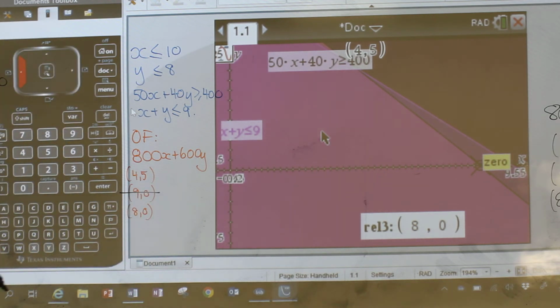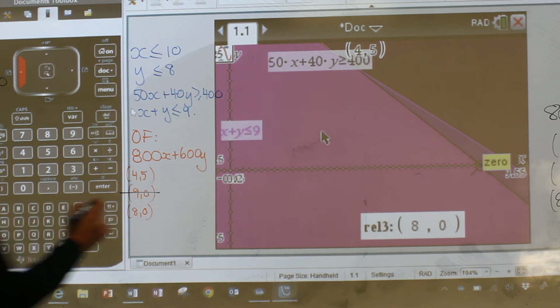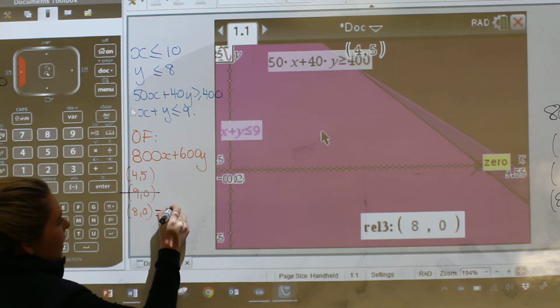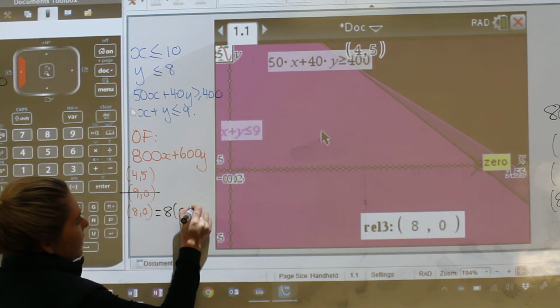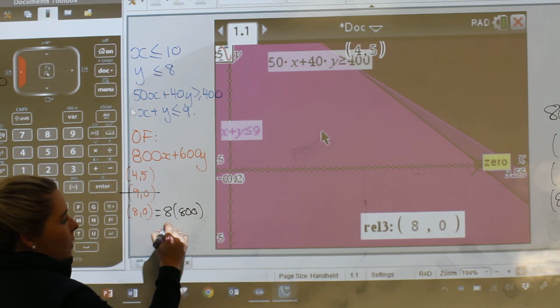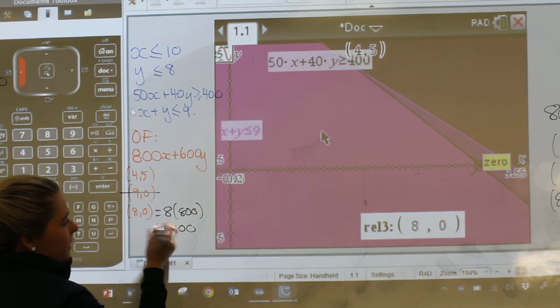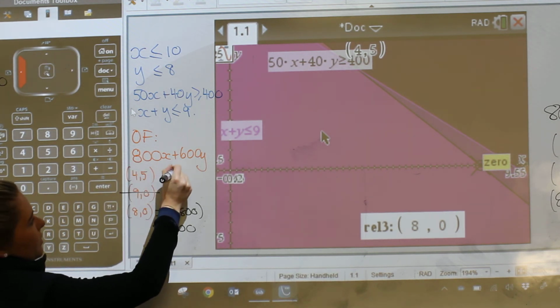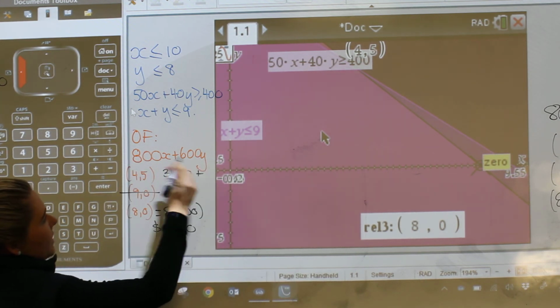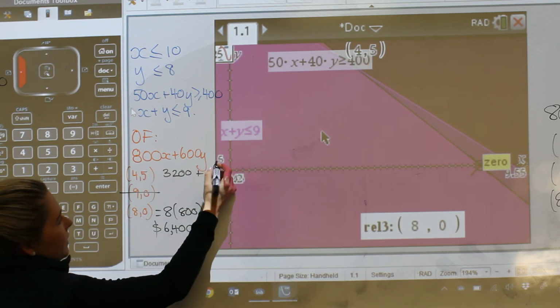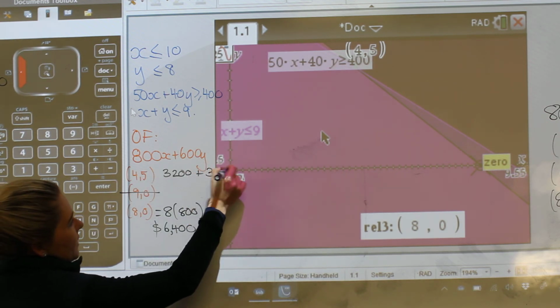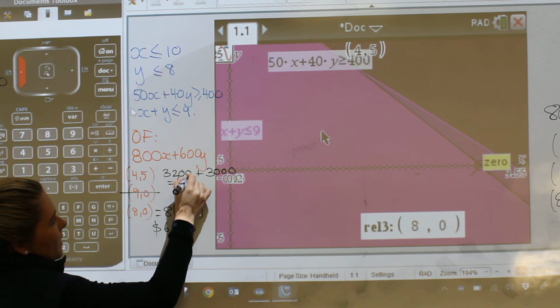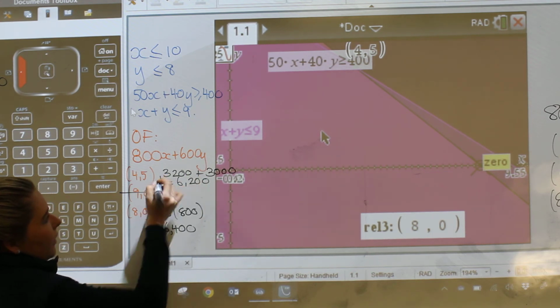Okay? We have 8 times $800 equals 8 times 800. 8 8s are 64. $6,400 for that one. We have 4 times 800, 3,200 plus 5 times 600, which is 3,000. We have 6,200 for this scenario.